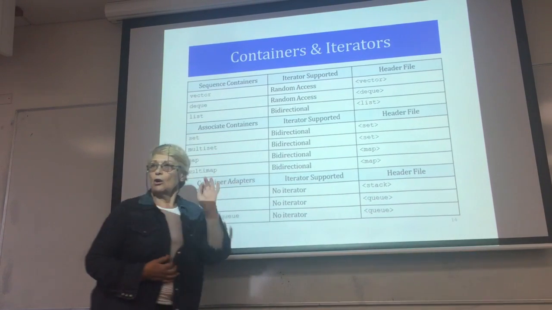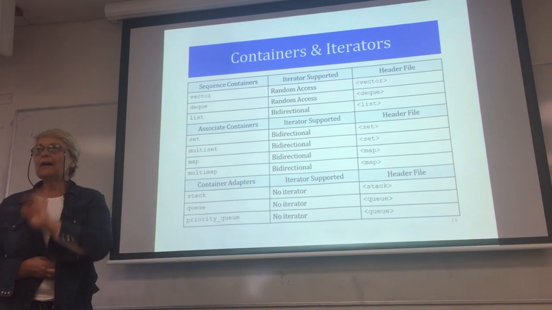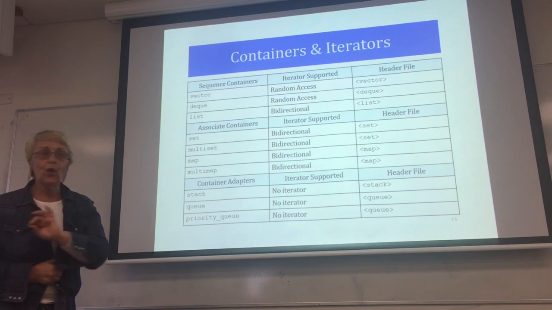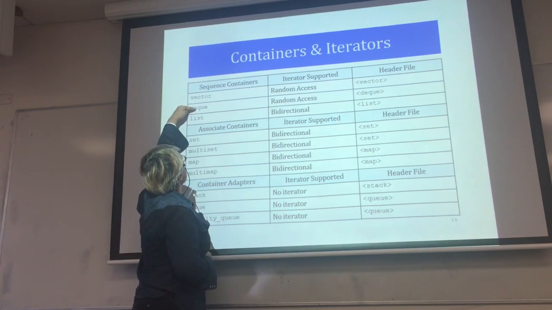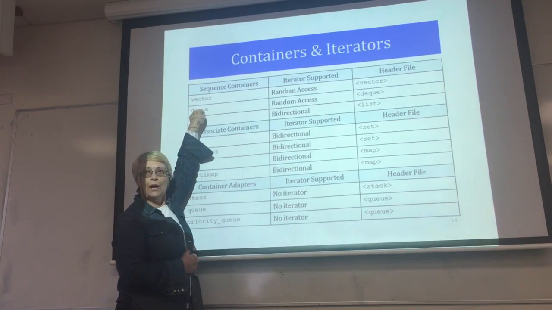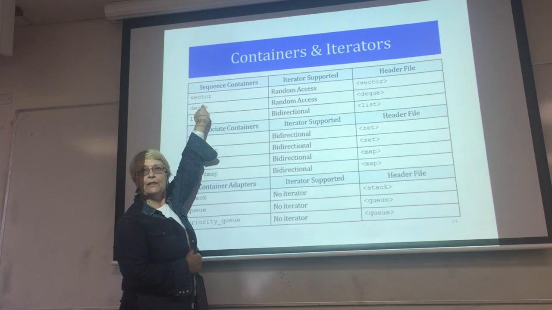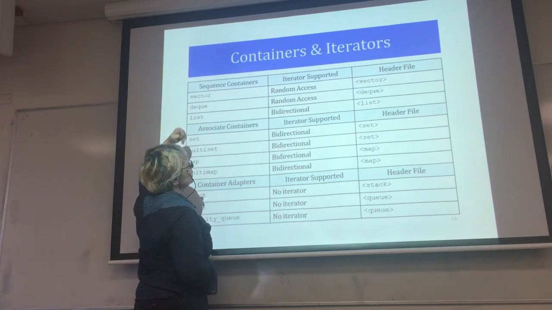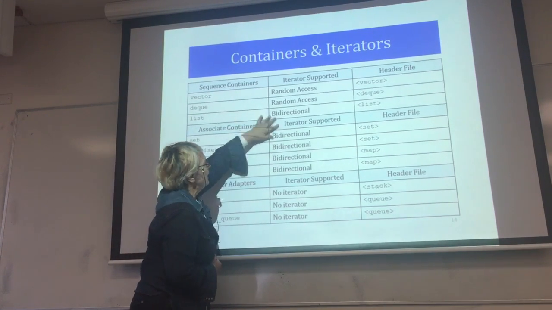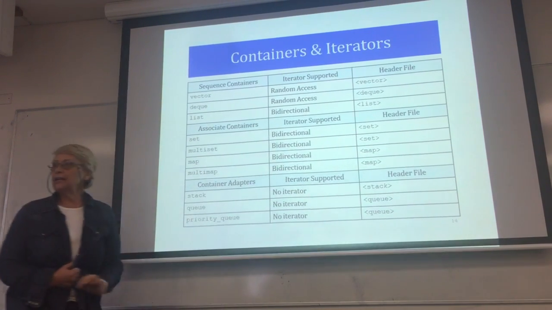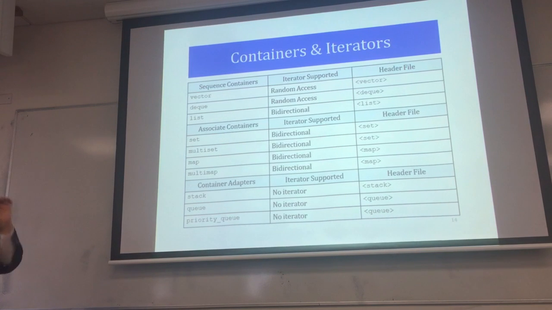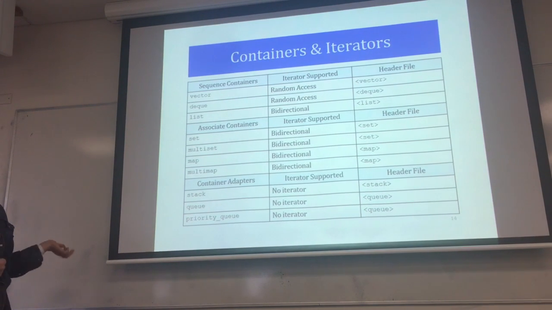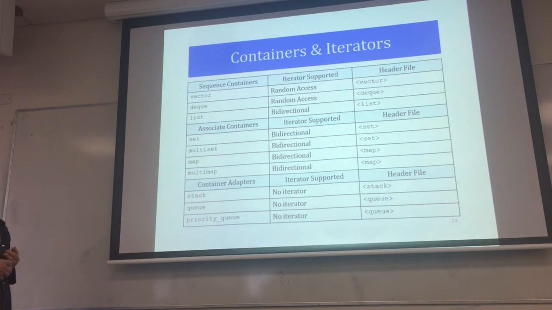The global sort algorithm requires random access. Therefore, to sort, you have to have either a vector or a double-ended queue. You can't sort on a list or on a set because these containers do not provide the correct type of iterator.